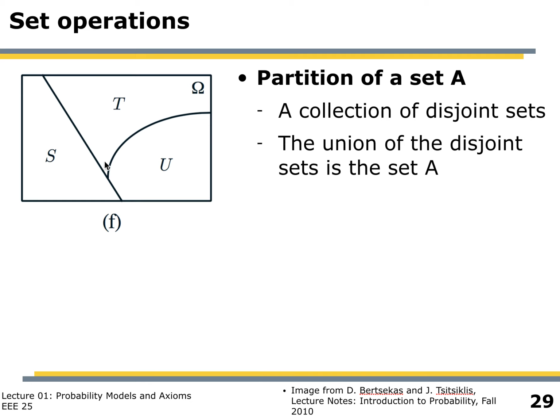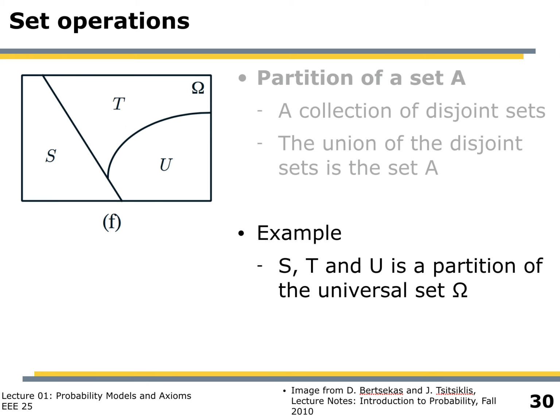Now, the sets S, T, and U are a partition of the universal set omega. And you can verify that easily by getting the union of S, T, and U. And you can see that S, T, and U cover all of the elements inside the universal set. So S, T, and U is a partition of the universal set omega.